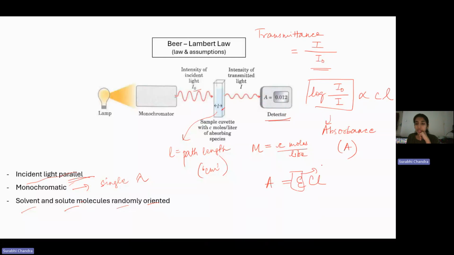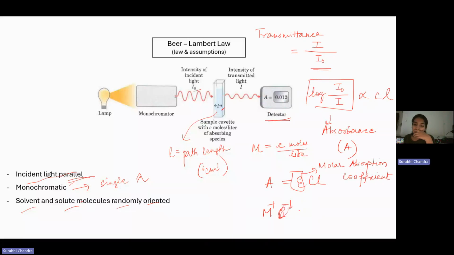This epsilon is the molar absorption coefficient, which has a unit of molarity inverse, centimeter inverse.